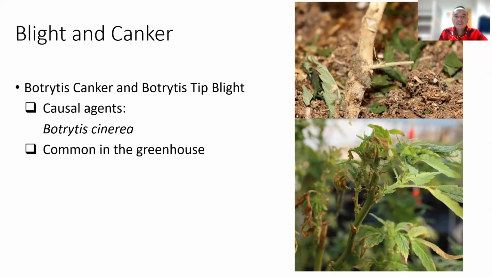These are common in the greenhouse, especially in the mother plant. And Botrytis canker itself is woody lesions, so a symptom can be lesions on the stem, and it can usually be triggered by mechanical injuries. So preventing wounds on the plant can help to prevent this disease from developing.